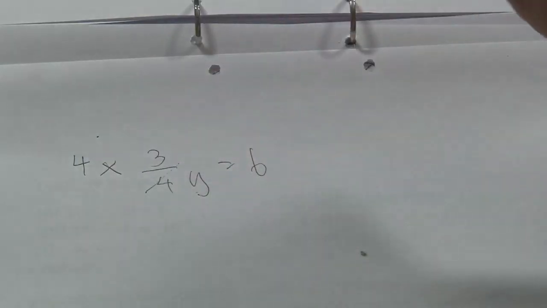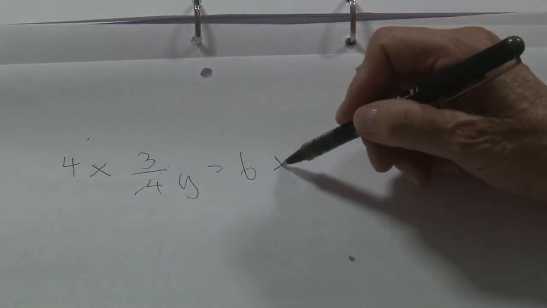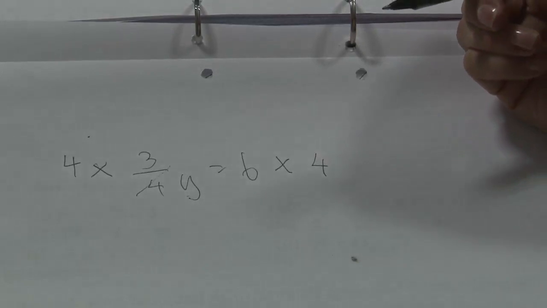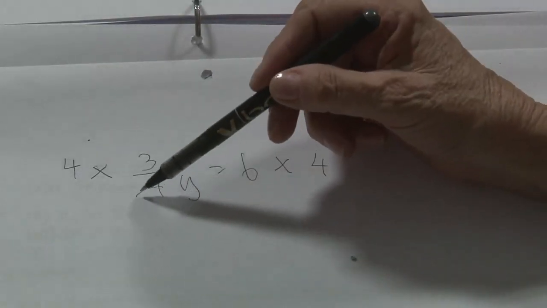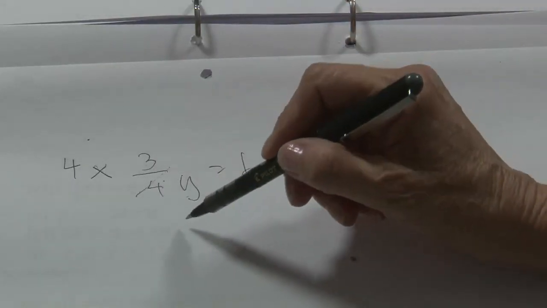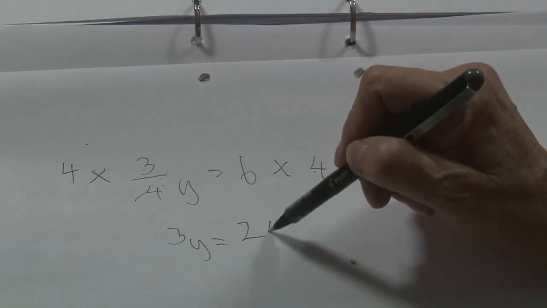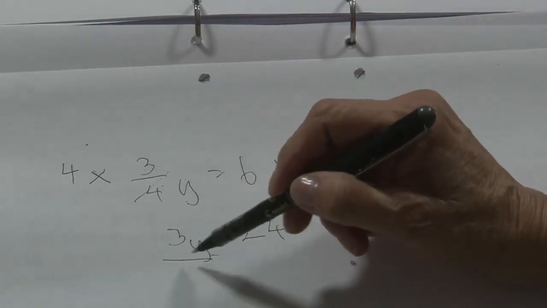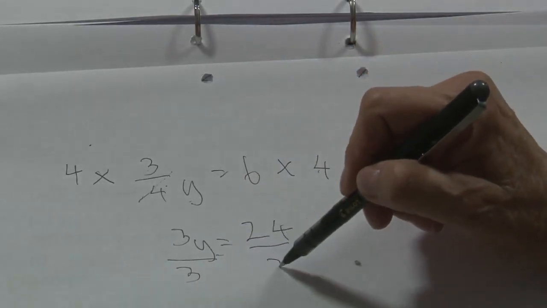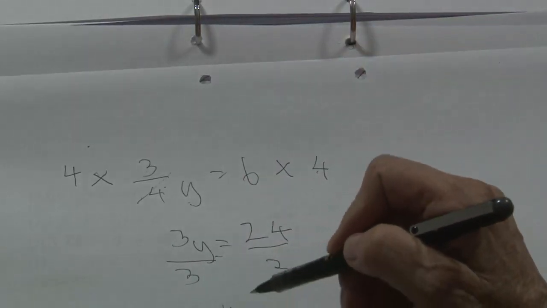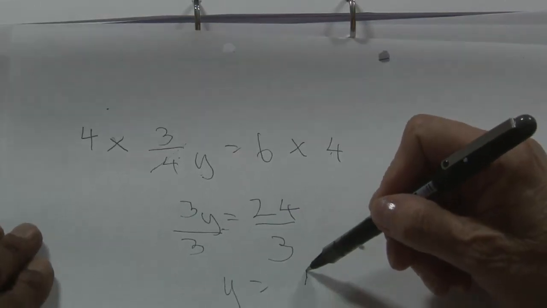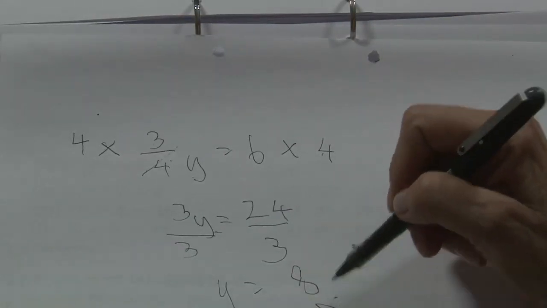Can you see? What I do on that side, I do on this side. I multiply with 4, sorry. So 3y is equal to 24. It's multiplication. I use division. So y is equal to 8. So those were the linear equations.